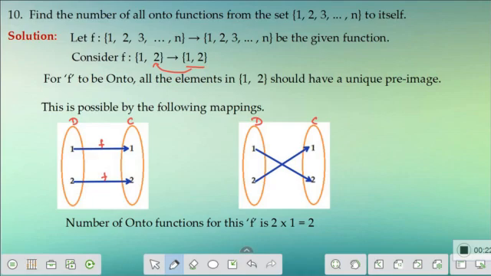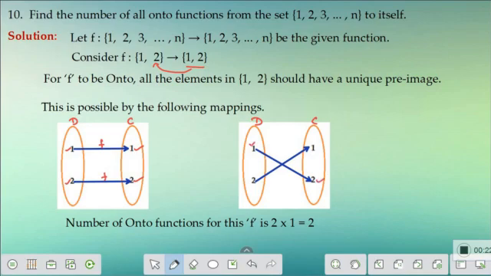That is, the element 1 in C has a pre-image 1 and the element 2 in C has a pre-image 2 in D. So there are no repetitions or similar pre-images here. All are distinct. Similarly, if I choose the other one, there is another way of representing it. The element 1 in the domain can have 2 as an image.